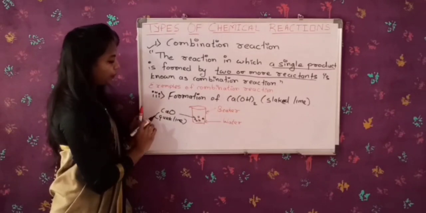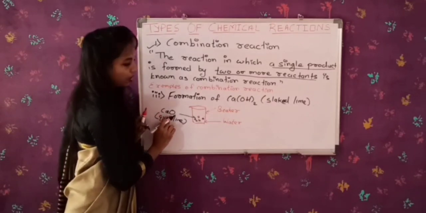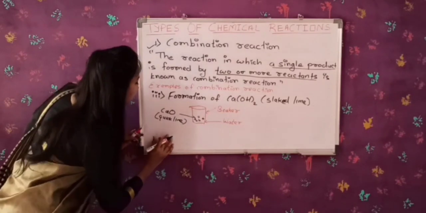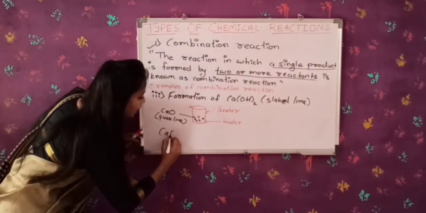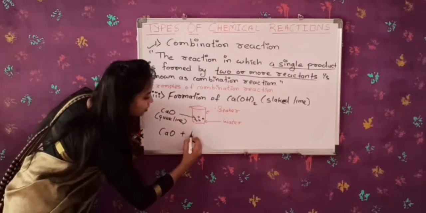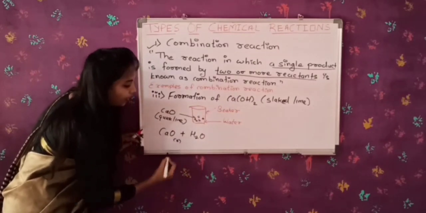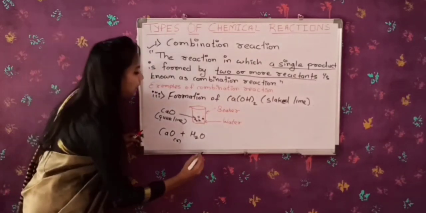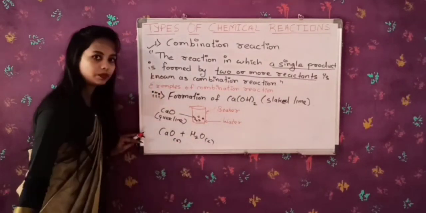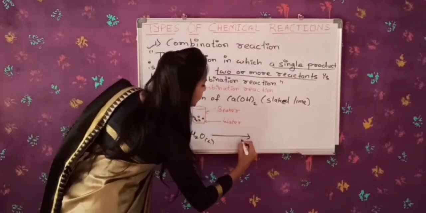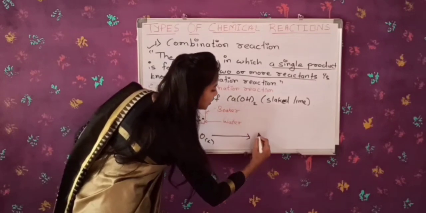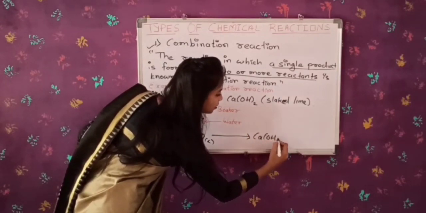So, what will be the reaction between these? The reaction will be CaO plus H2O. CaO, calcium oxide, it is in solid state. Water, it is in liquid state, and it will give Ca(OH)2.